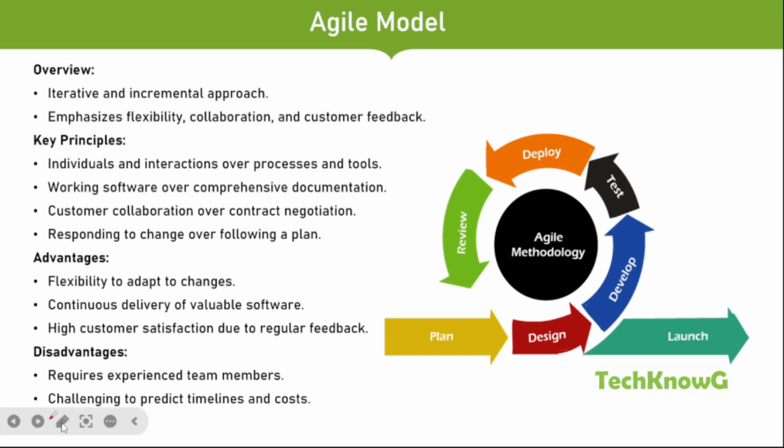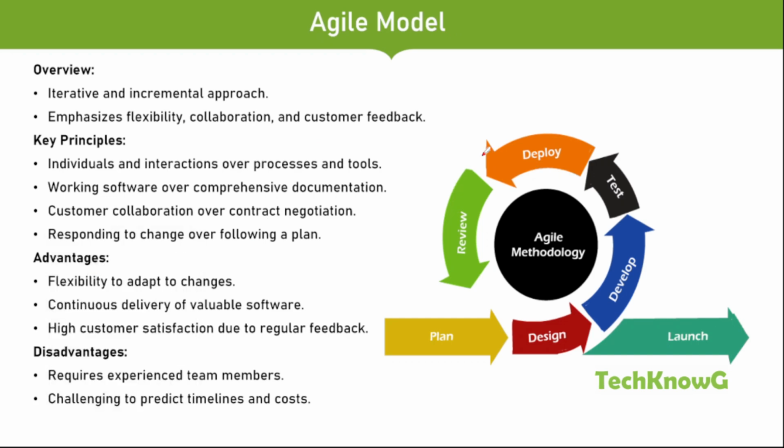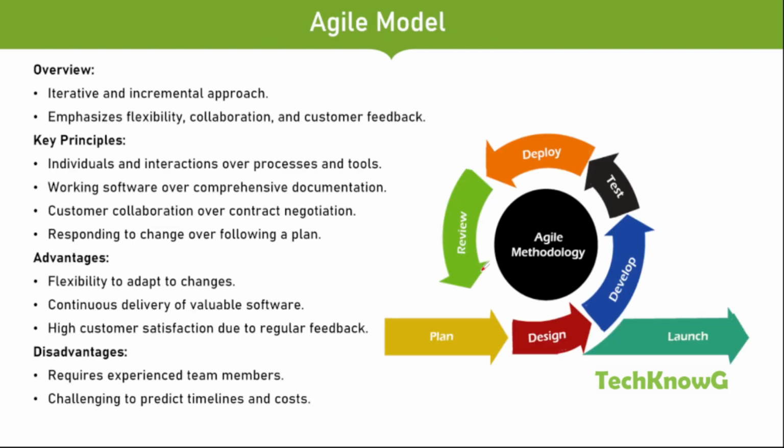Then coming to the agile model. The agile model is a cyclic model, whereas the waterfall is a linear, sequential model. Once the plan is completed, the design will be done.